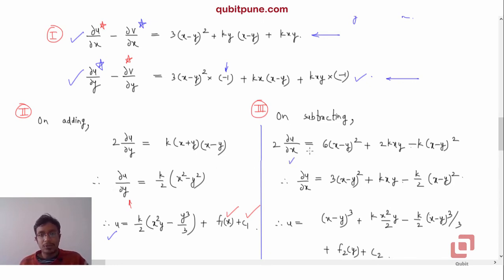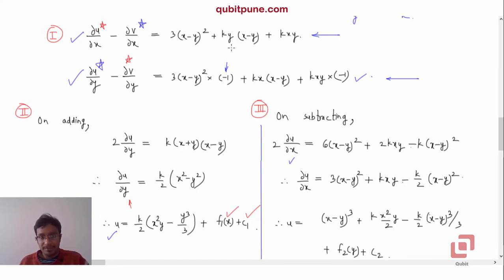So we'll get 2 partial u by partial x equal to, so now again the terms which got cancelled earlier will now get added, so it will be 6 into x minus y bracket squared plus 2k xy, and then we'll have, well, I can take k common, so it will be y minus x into x minus y.